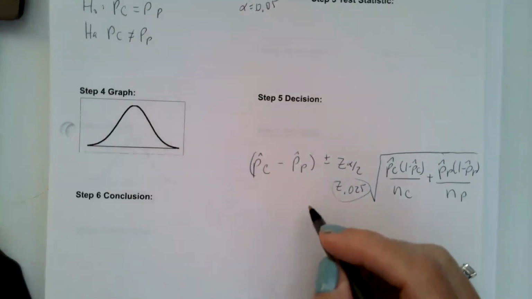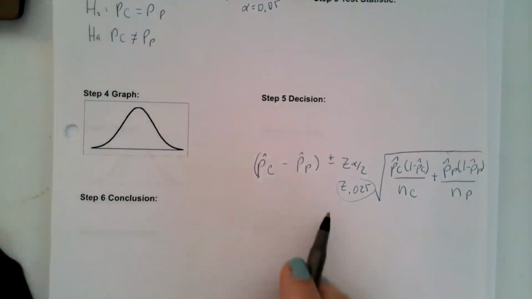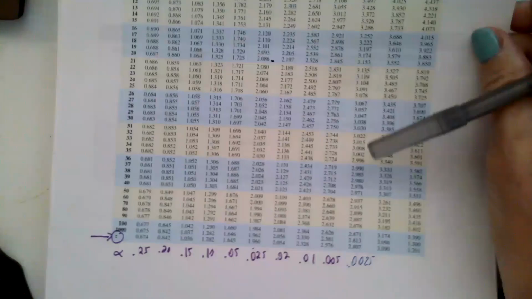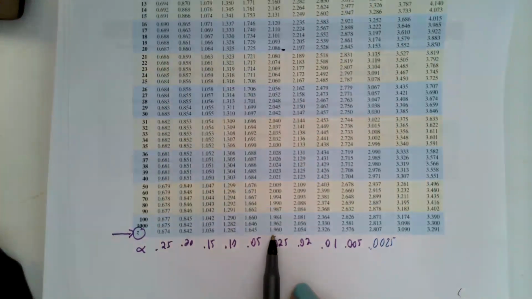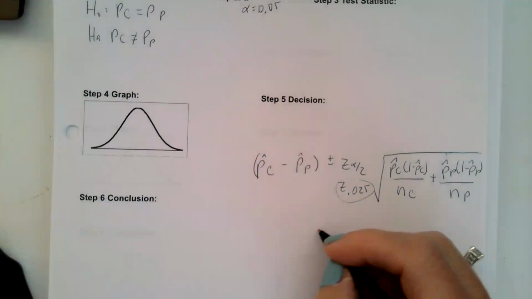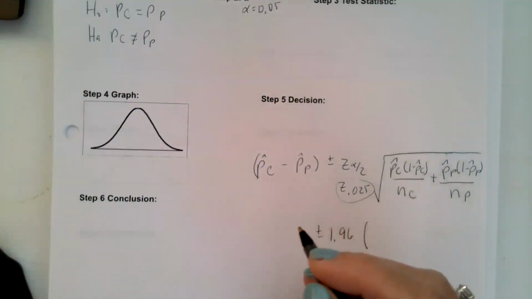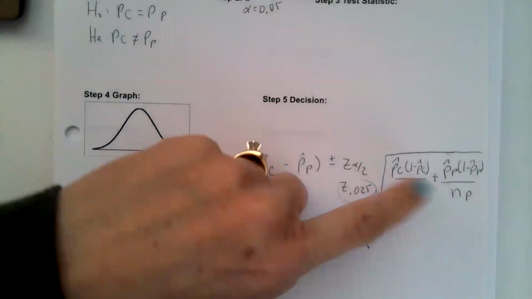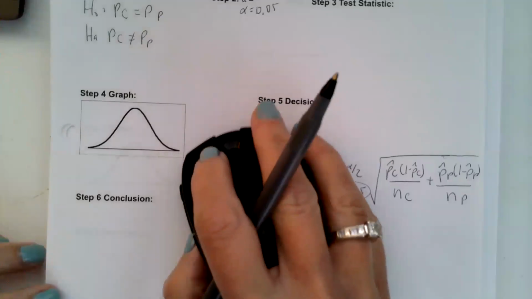So a z of 0.025, we can find either using our inverse norm, or that's a common one. So we can go to page 299 in our formula packet and we'll go to the bottom and look at 0.025 and find out that that's 1.96. So this is going to be plus or minus 1.96. And then we're going to find the difference here. And then this square root piece is our standard deviation that's going to give us in the program.